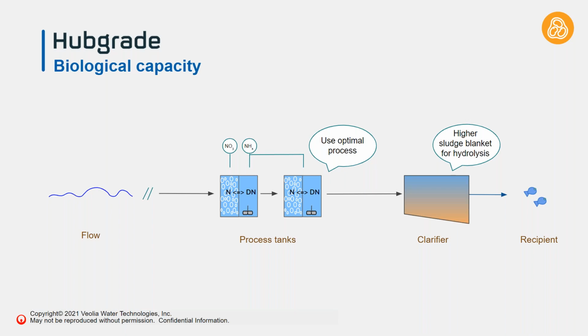Using the same logic of optimizing your existing volumes, if you have more data, for example, in this case, we've introduced ammonium sensors in both tanks and nitrate in one tank, we can start using the process volumes dynamically, nitrifying and denitrifying whenever the concentrations of nutrients require one or the other.